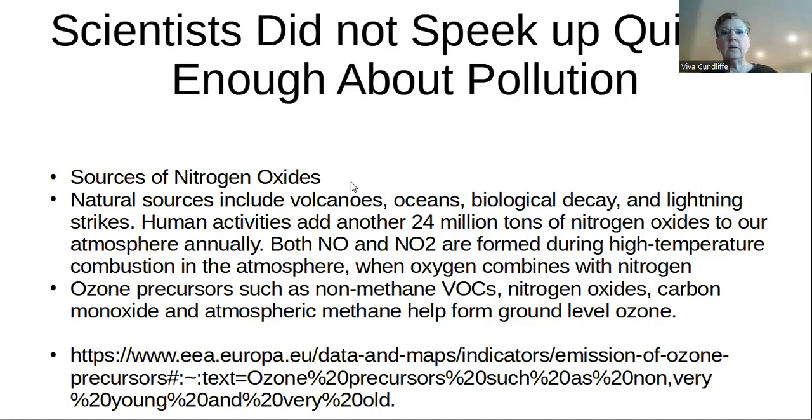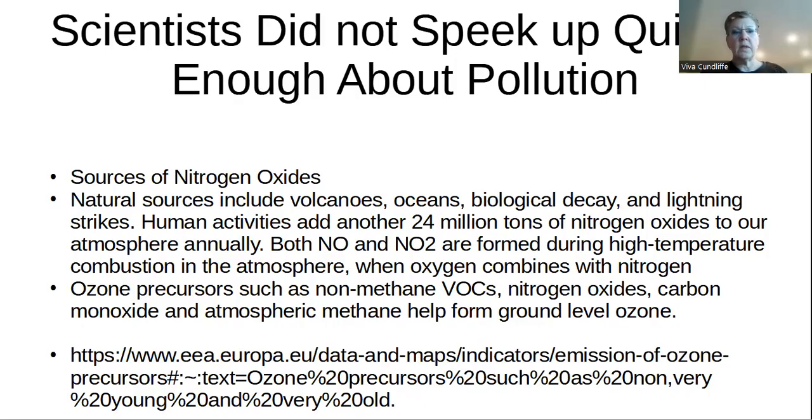And I think that because of the adaptability of this molecule, scientists haven't spoken up about our pollution levels as much as they could have. But I think that's going to change dramatically now that we are being clobbered over the head with a climate disaster.